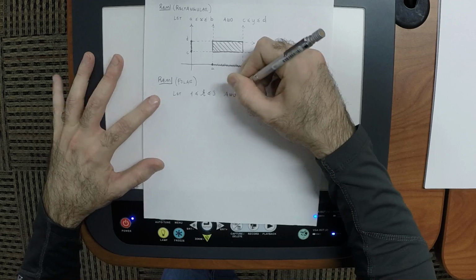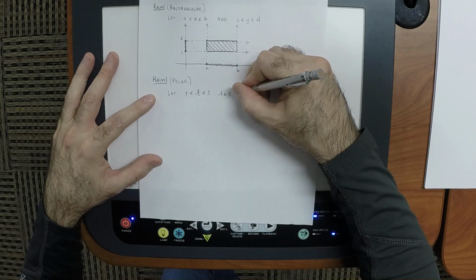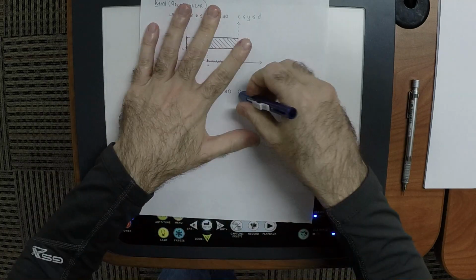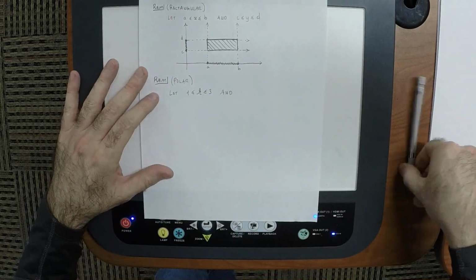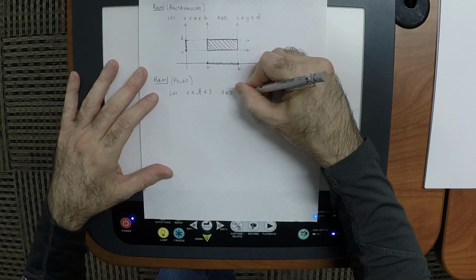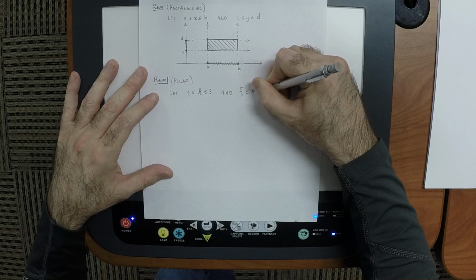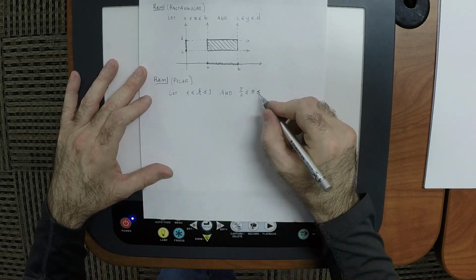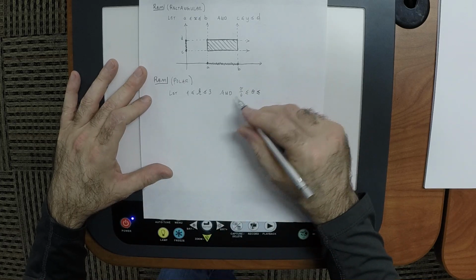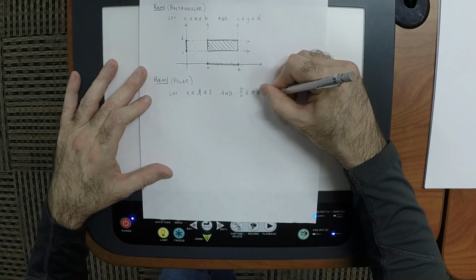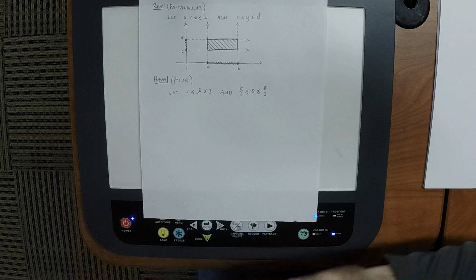And let's do pi over 6 less or equal to theta less or equal to, next one, pi over 3. So if we do that.